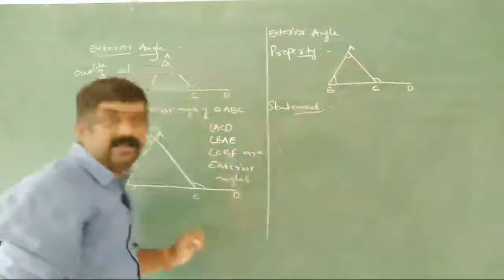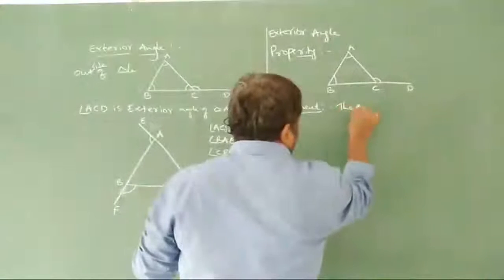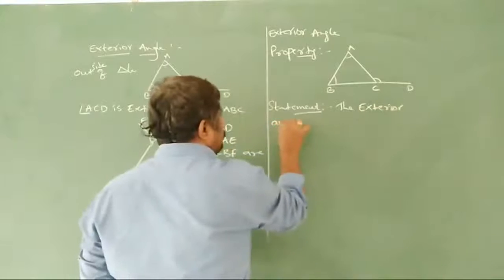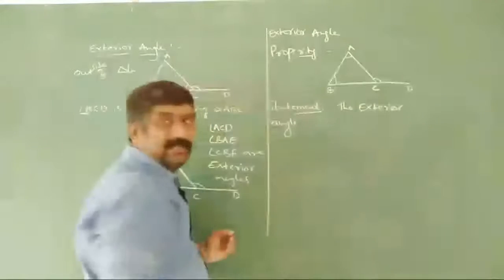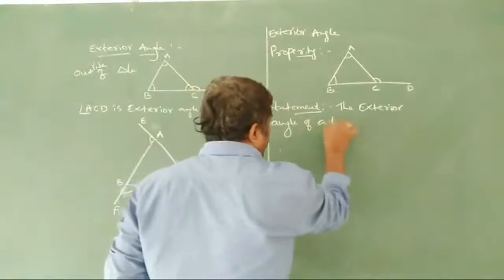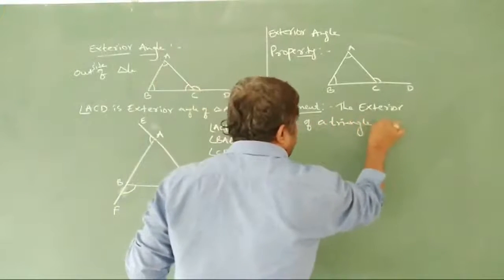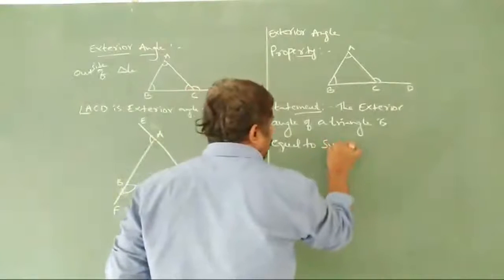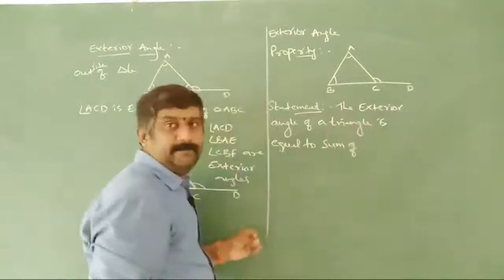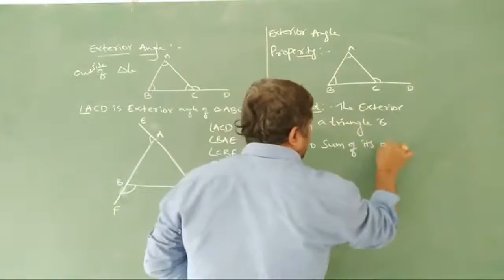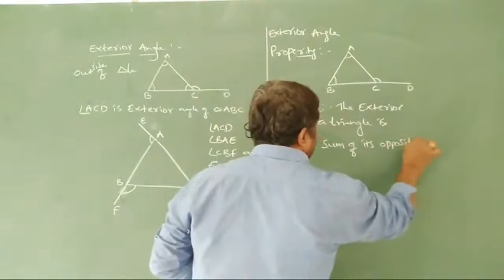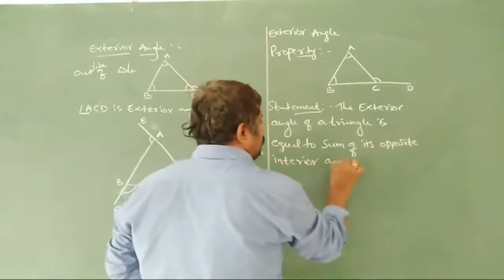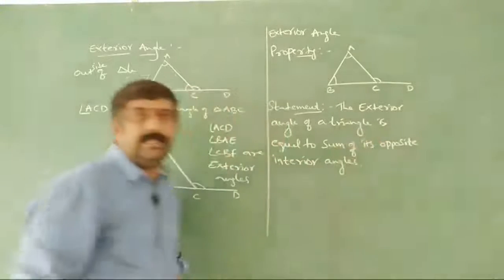So the same statement we will write here. The exterior angle of a triangle is equal to the sum of its opposite interior angles.